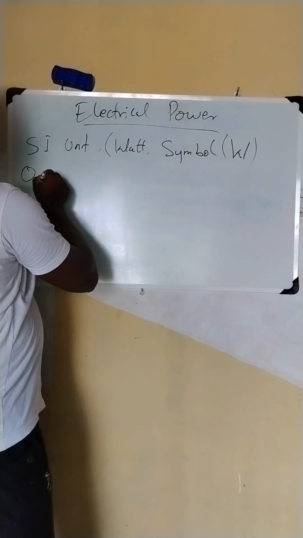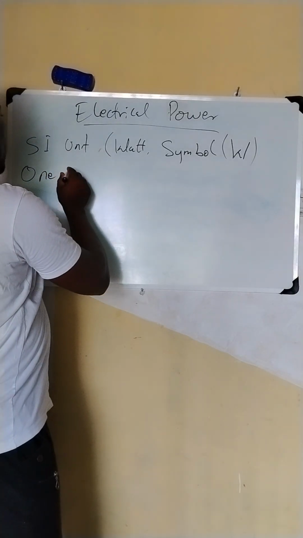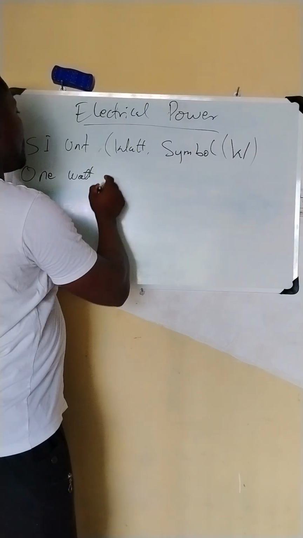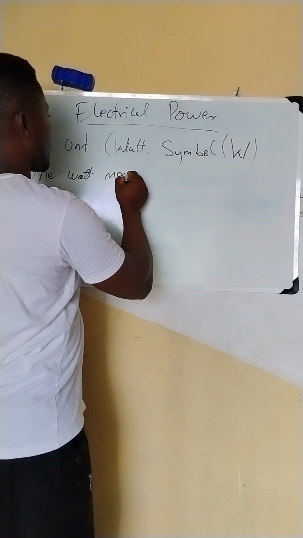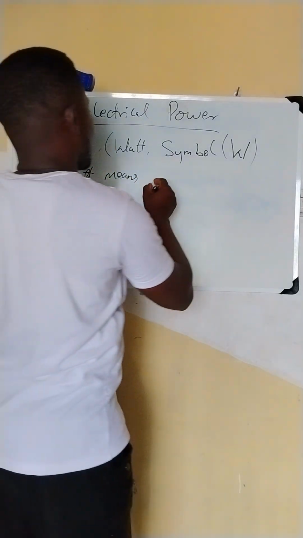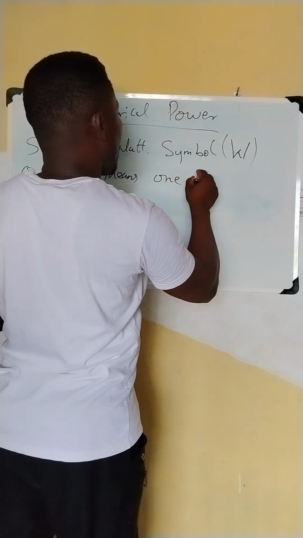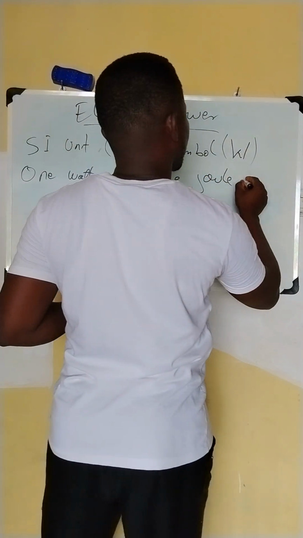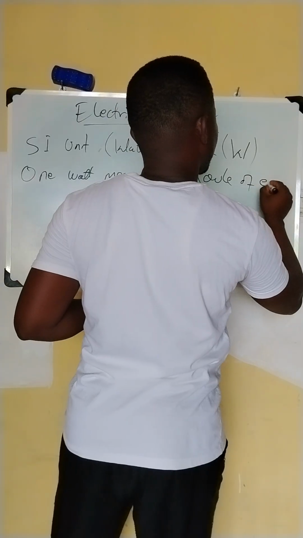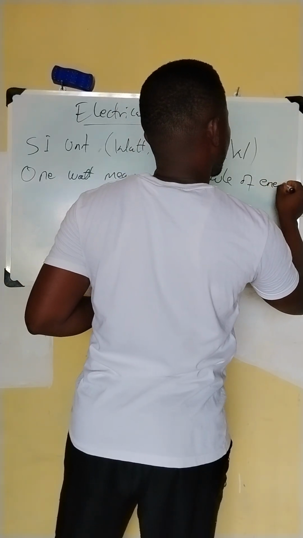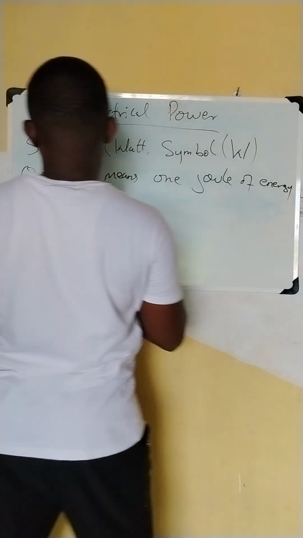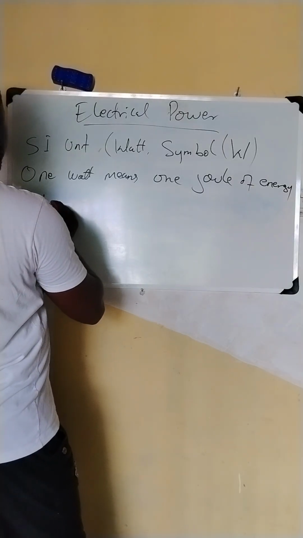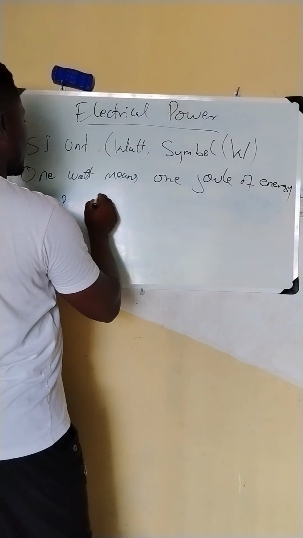1 watt means 1 joule of energy used per second.